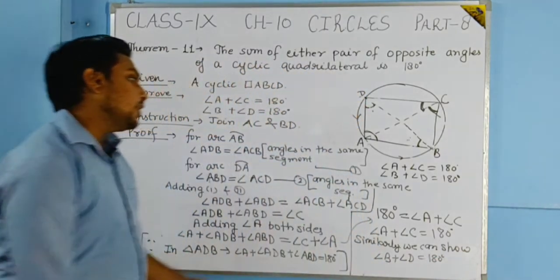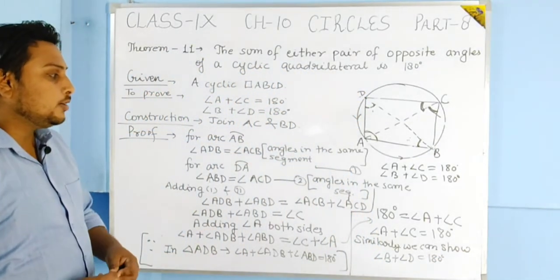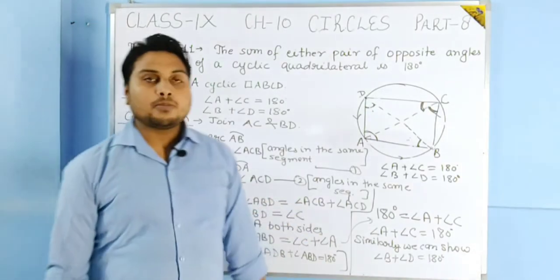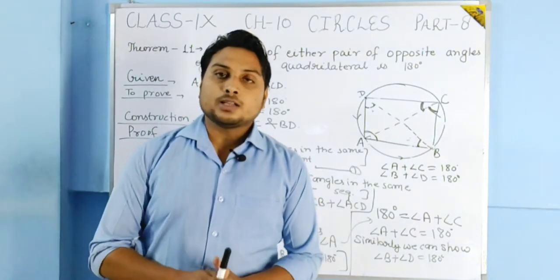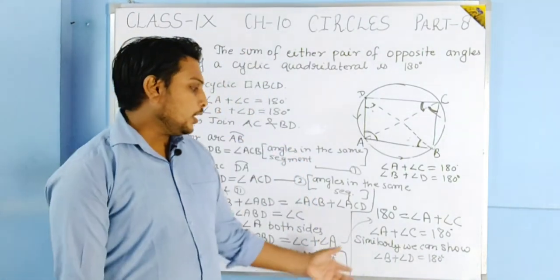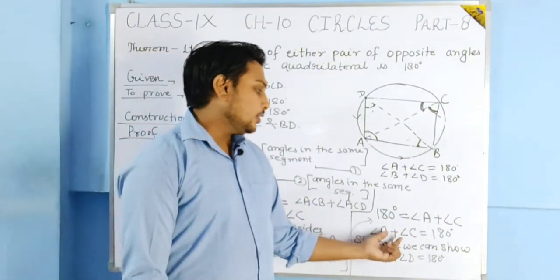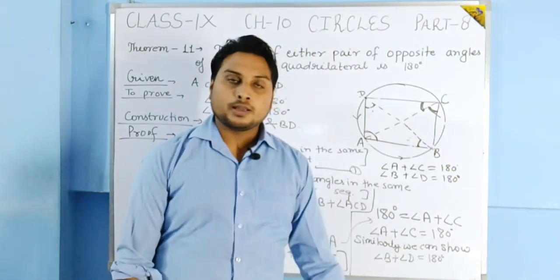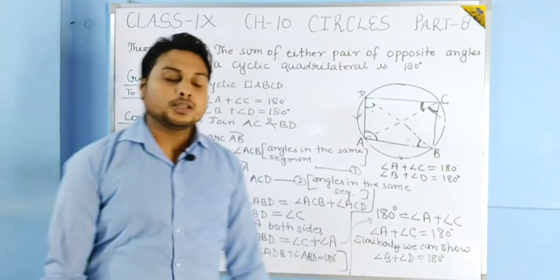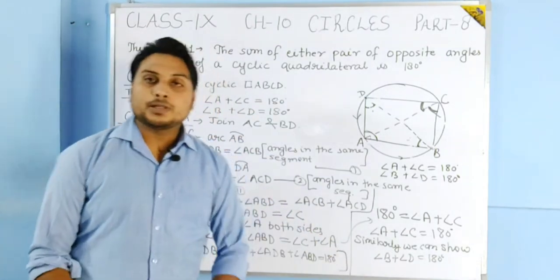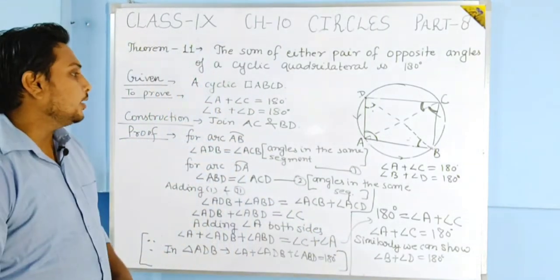Or, one other method you have: you know that the sum of the angles of a quadrilateral is 360 degree, so you can subtract angle A plus angle C from 360 degrees, and you will get angle B plus angle D is equal to 180 degree.